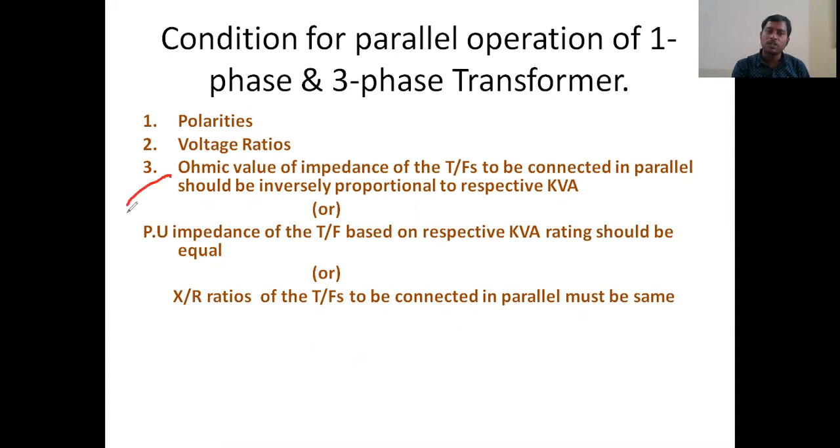If these two conditions are not satisfied, load sharing will be different. If this condition is not satisfied, power factors will be different. The power factor of transformer 1 will not be similar to the power factor of the second transformer.